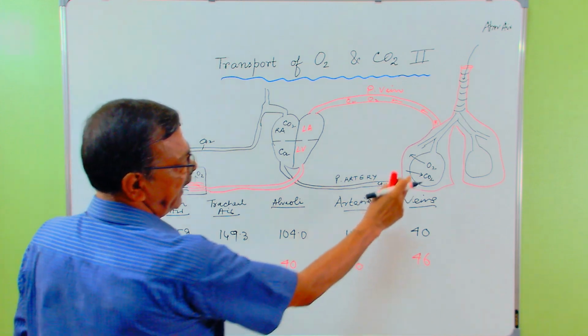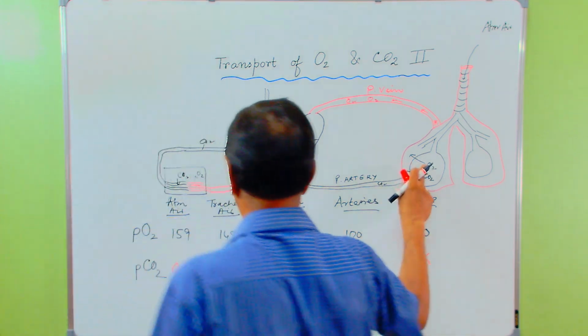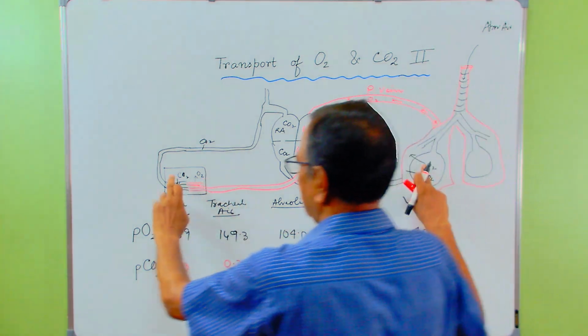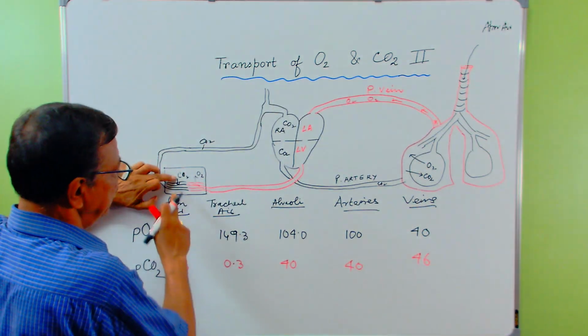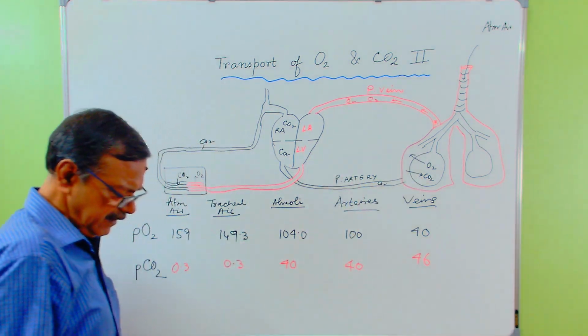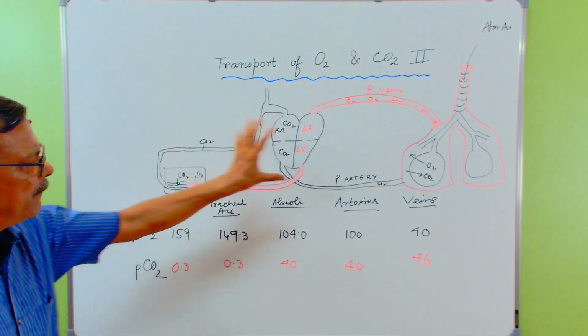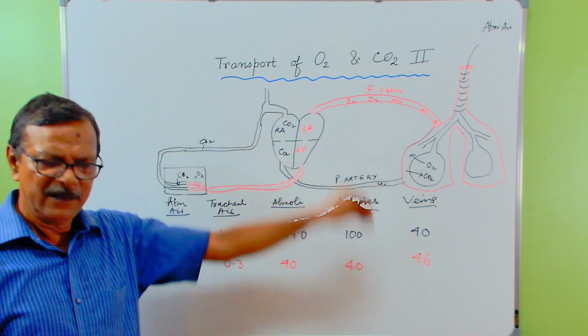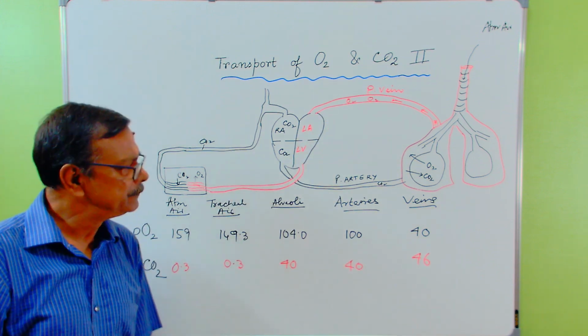So this is the entry point of oxygen and this is the exit point. Likewise, this is the entry point of carbon dioxide and this is the exit point. Entry and exit. If you can remember this thing, it will be easier for you to write the total substance.